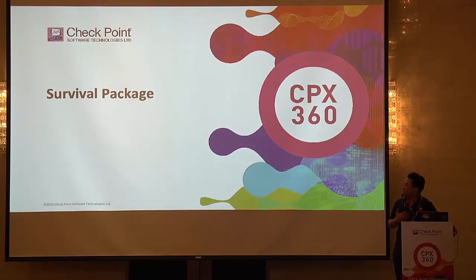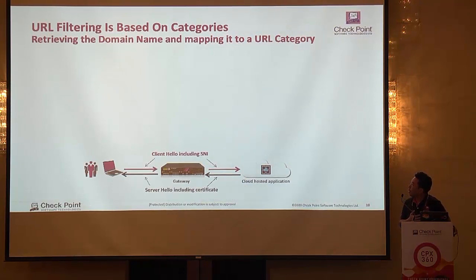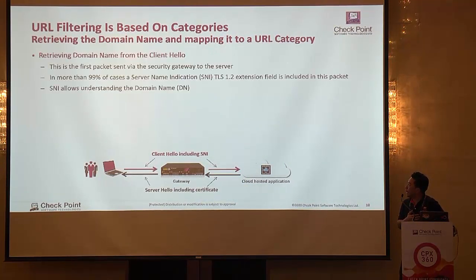Okay, first packet, something you have to know. As I said earlier, for the first packet we see in the gateway, since R80.40, we can now look at the domain name from the SNI field.